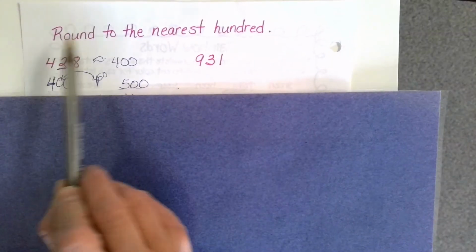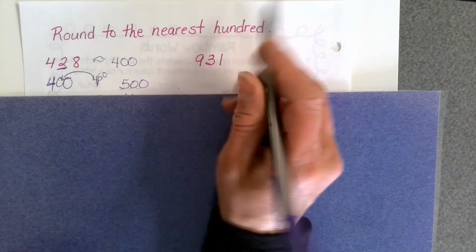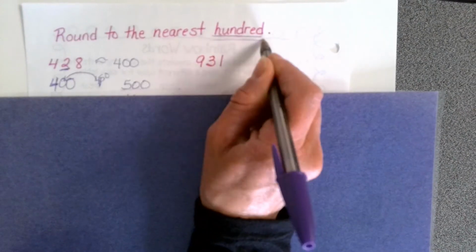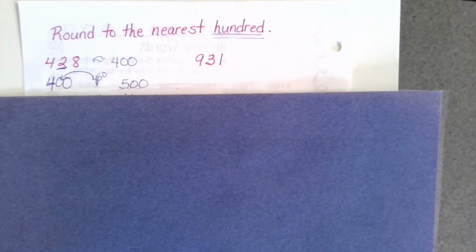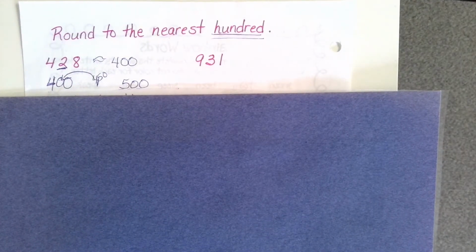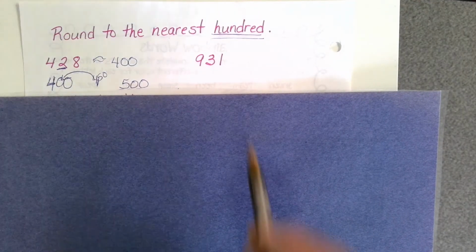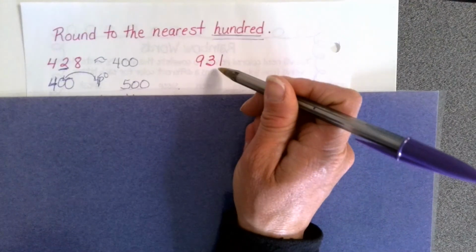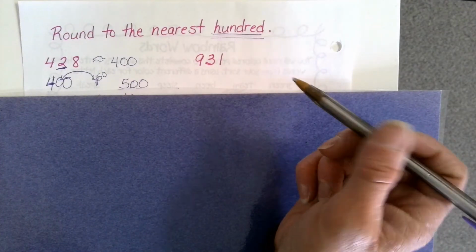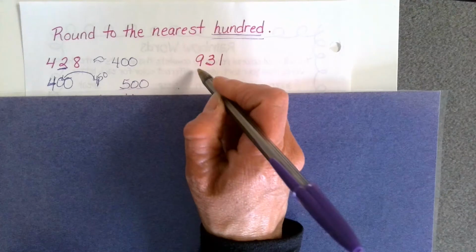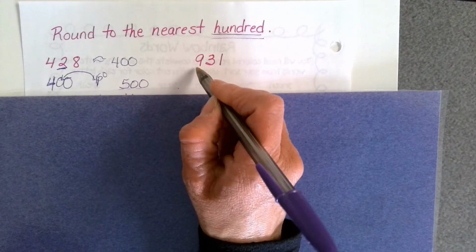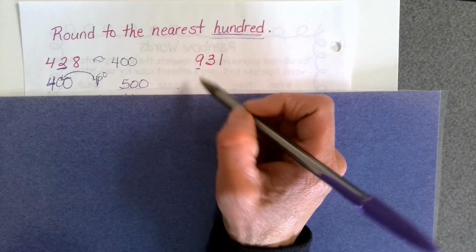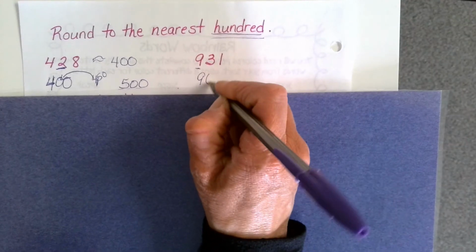So now we're doing the same thing. The directions say round to the nearest hundred. And if I were you, when you take your quiz today, make sure you underline or think about, what am I rounding to again? This number's 931, and I have to round to the nearest hundred. So this is a little tricky. First, I need to know what two hundreds it's between. There's a 9 in the hundreds place, so I know it's between 900.